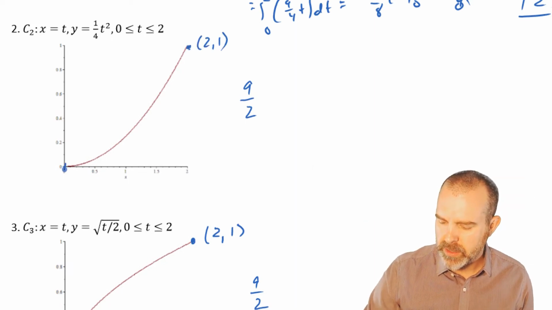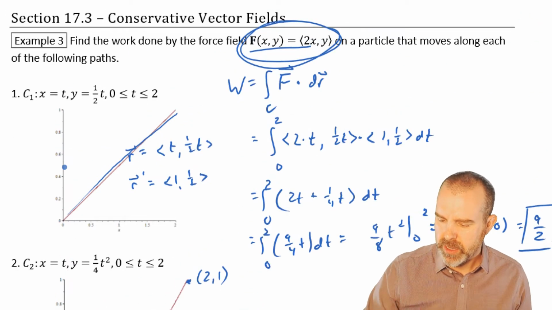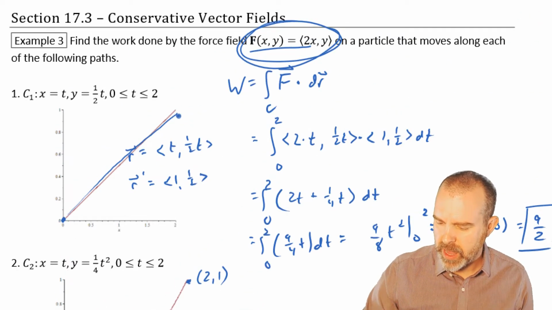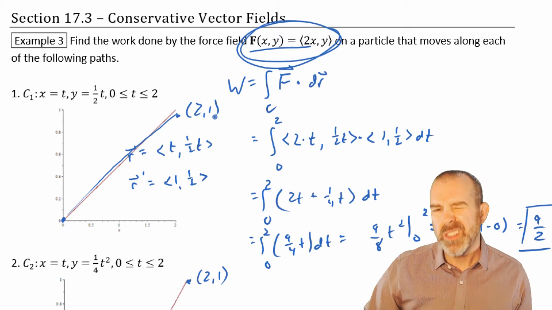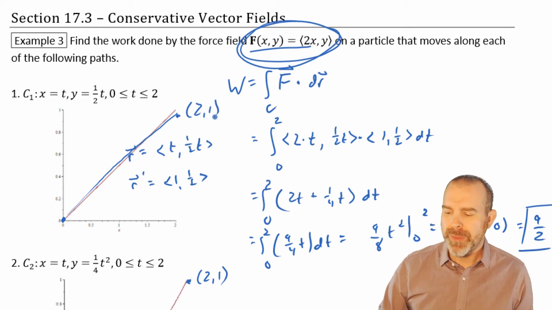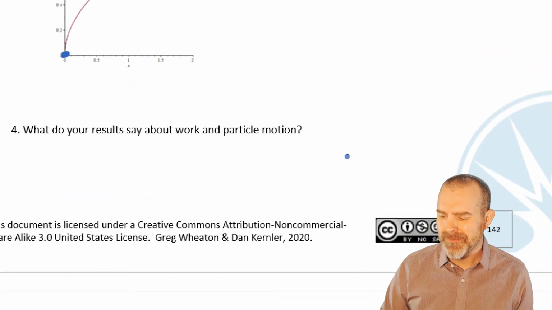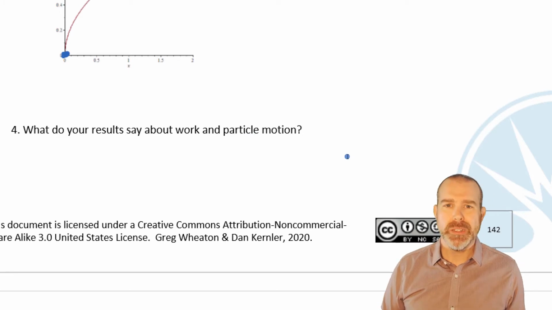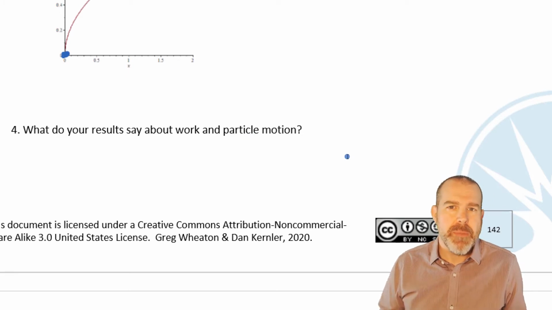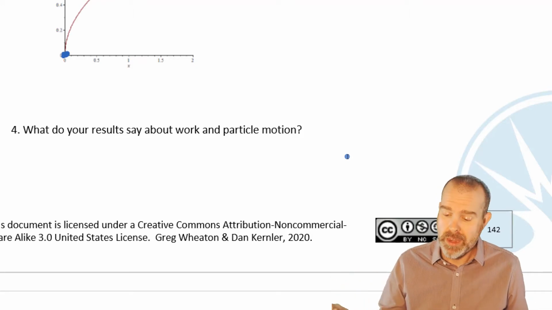So this isn't a proof, but it seems here that the work doesn't seem to matter what path you go on. It just really matters on where you start and where you end.